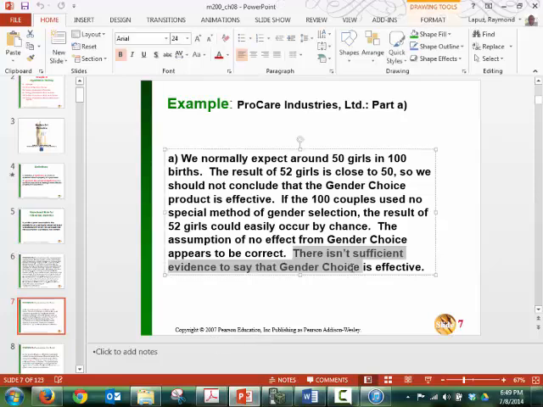There isn't sufficient evidence to say that this company is effective in coercing the baby to be a girl versus a boy. Does that make sense? That was a little over 50%, but it's only a little over 50%. It's not that big of a deal.